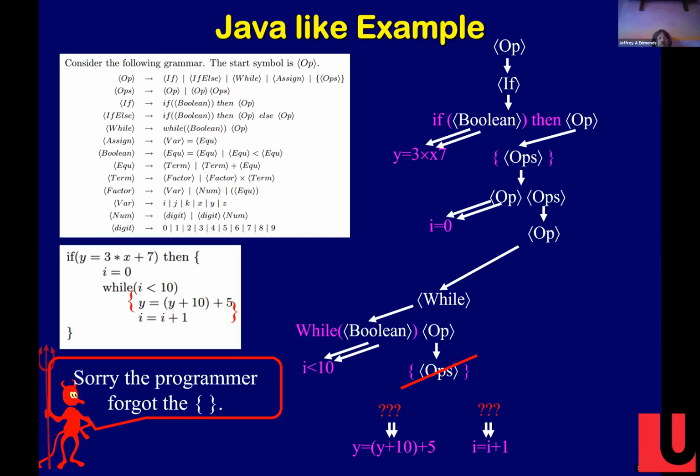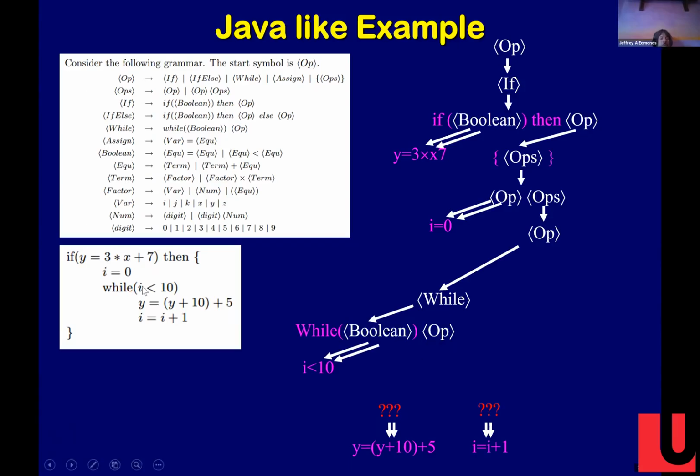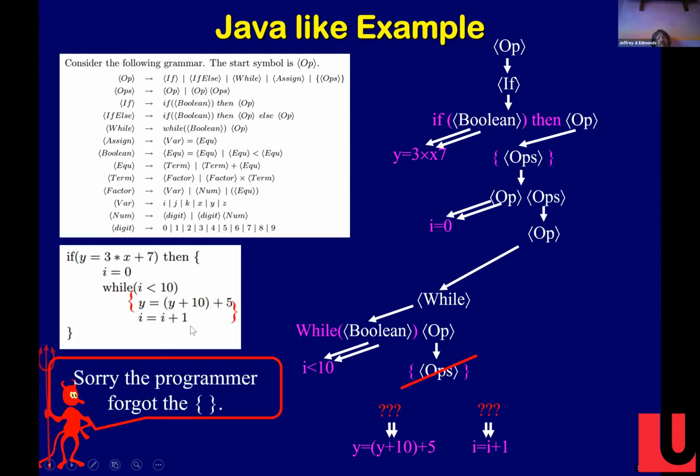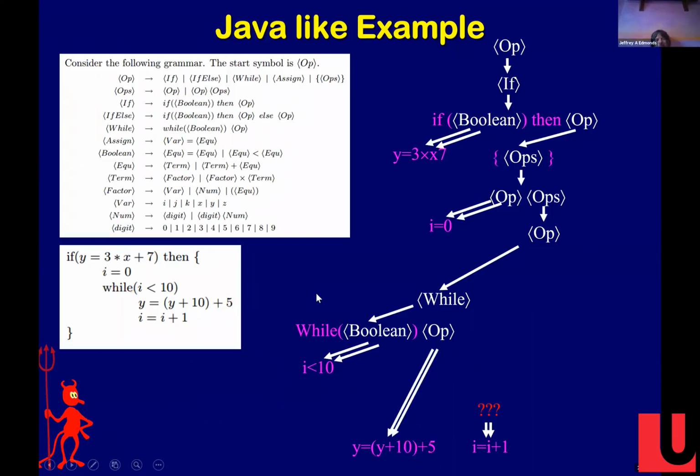But what the user should have done is put brackets around this. If you put brackets around it, then you can go from one operation to a string of operations, and you can parse both this and this. People following that a bit? You might have seen these examples in your first year coding class, right?